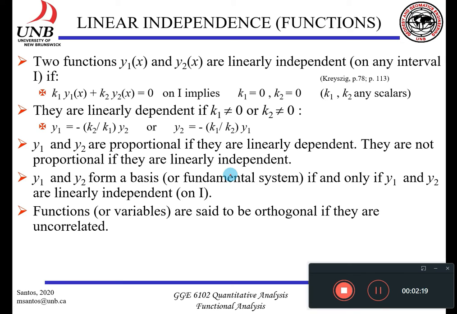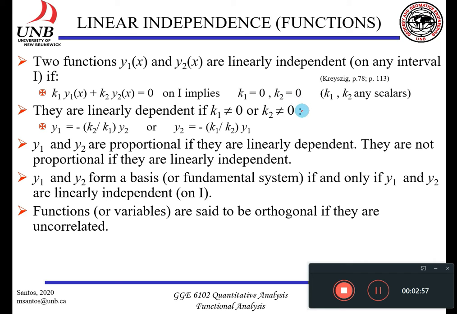We can say that two functions are linearly independent on any interval I if we can establish a relationship where the functions multiplied by scalars k1 and k2 sum to 0, and this implies that k1 and k2 are equal to 0.